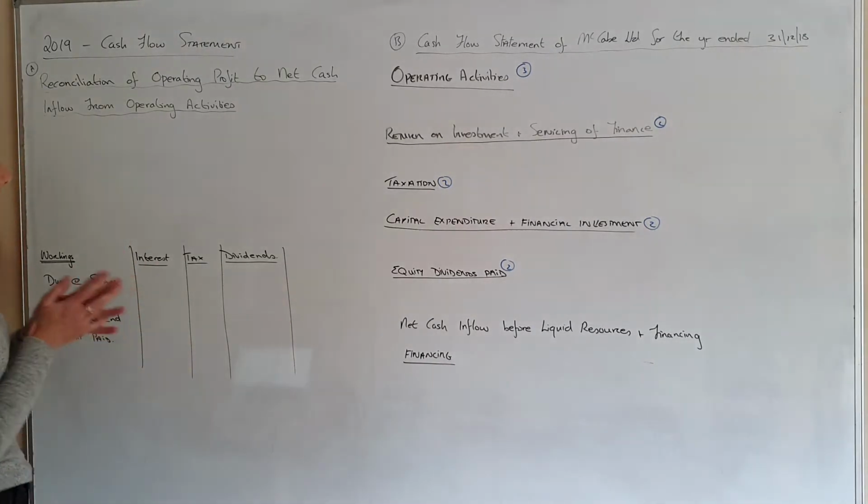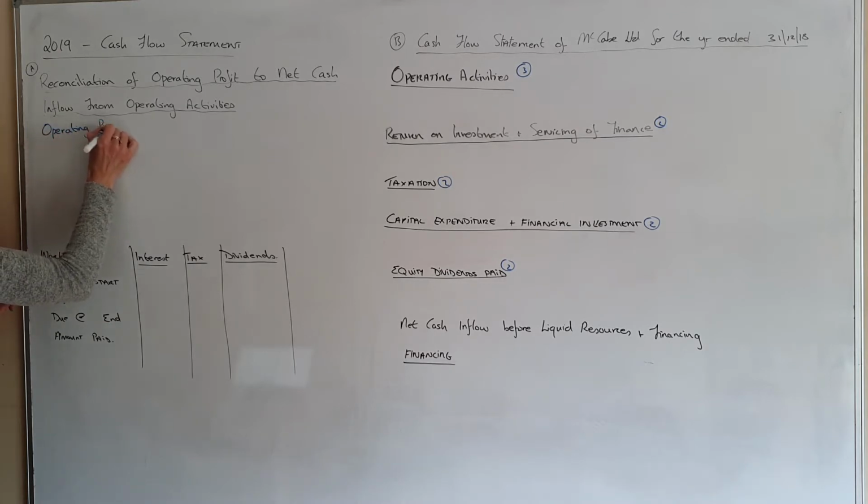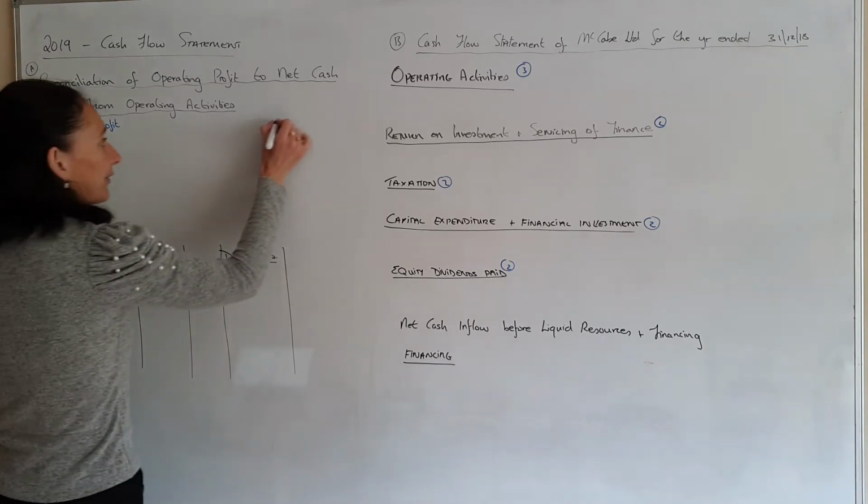Okay, over here, we're going to reconcile your operating profit to your net cash inflow from operating activities. So what we're going to start off with here is, you start by writing down your operating profit, which you will find in part A of your question. So you write down your operating profit, and in this question the operating profit is 135,000.